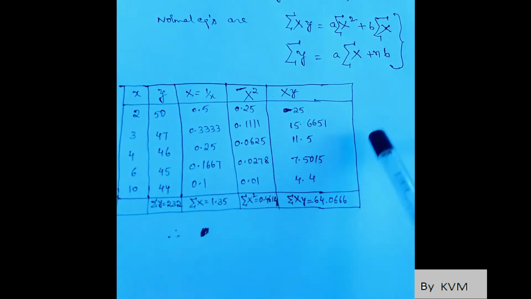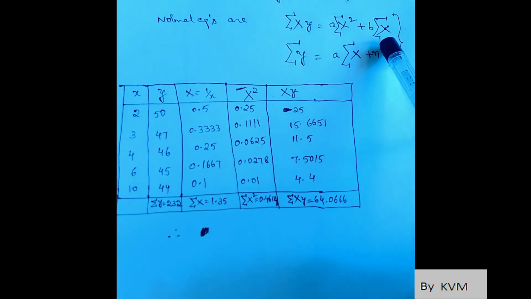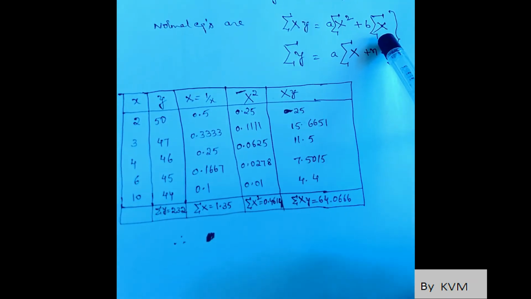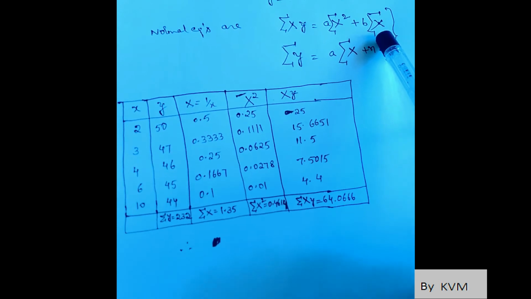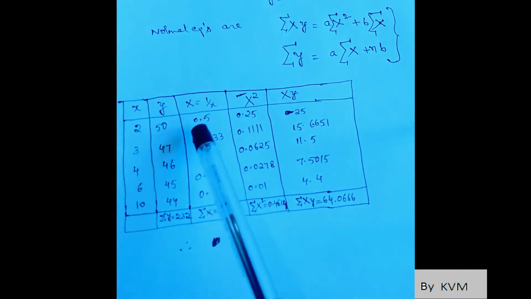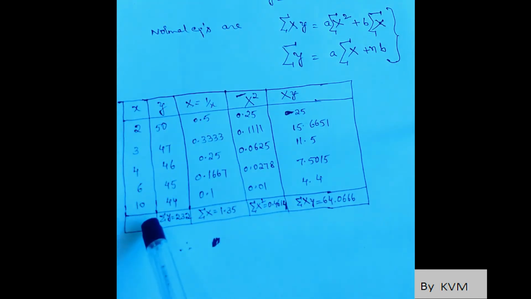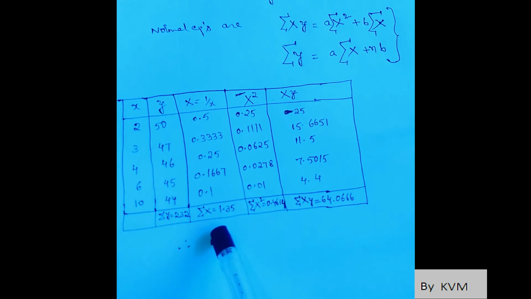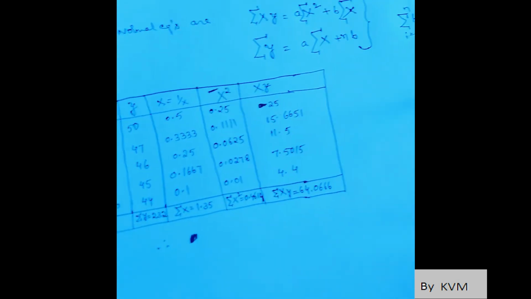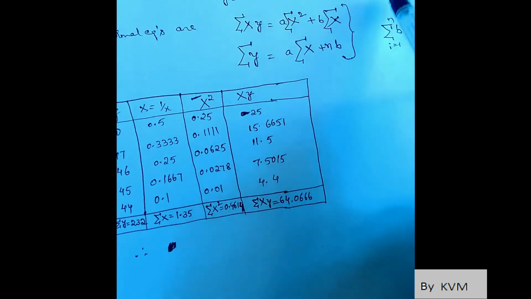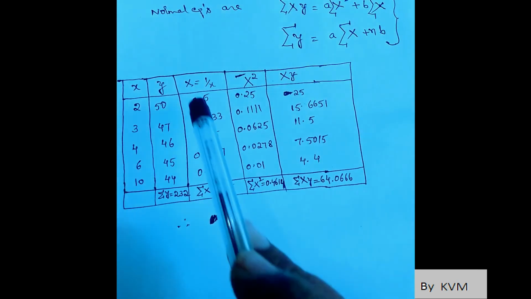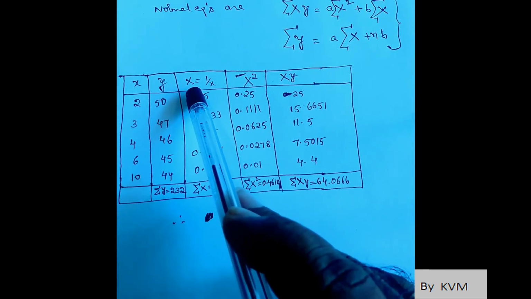Then in the first normal equation, we have to find sigma capital X. So here we don't need sigma small x, we need sigma capital X. So we have to find capital X, but capital X is 1 by small x. So in the table, we have to find capital X, which is 1 by x.